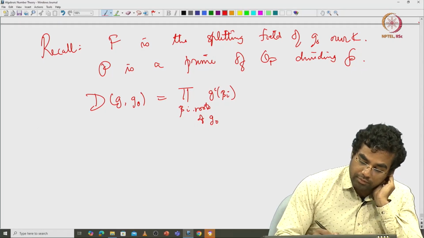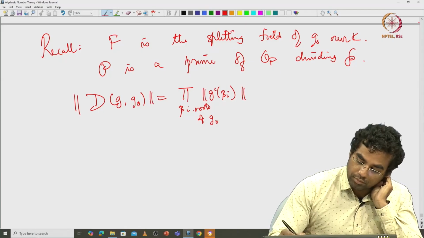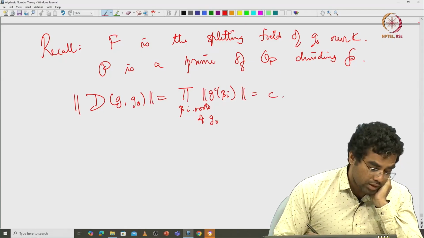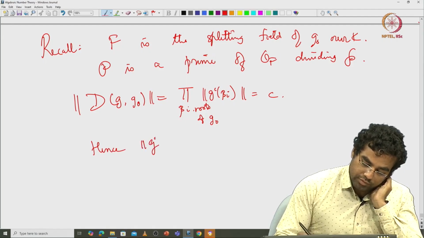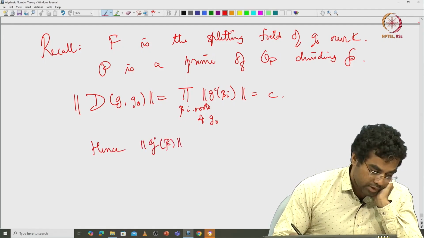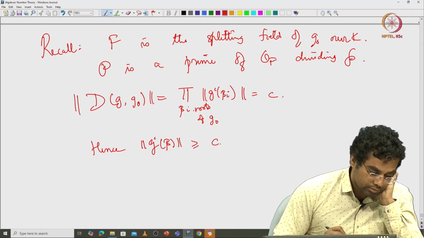And I know that the valuation of this is equal to c, right. So, hence the valuation of g prime of beta, this fixed root that we had, was greater than or equal to c.